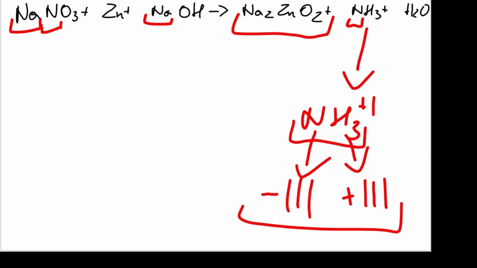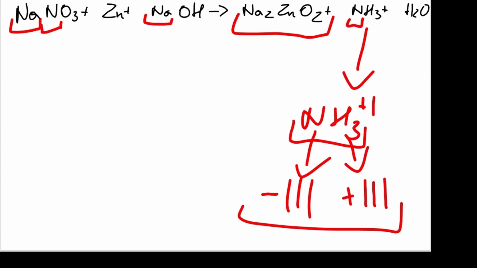Because the electronegativity of nitrogen is higher than the electronegativity of hydrogen. Nitrogen is more electronegative. So nitrogen attracts the pair of electrons, the electrons that create bonds, to its side.